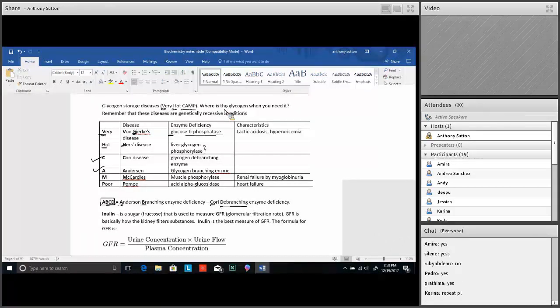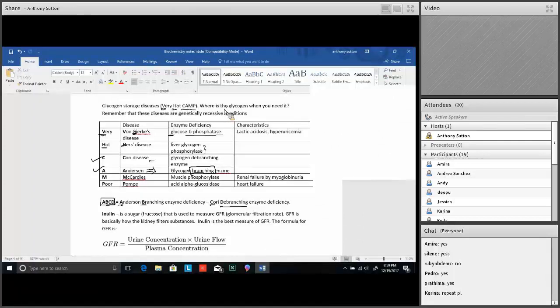Watch this. So, you remember when we said that every glycogen storage disease is due to an enzyme deficiency, right? So watch this. The Anderson glycogen storage disease, the problem with Anderson is that they have a problem with what we call the glycogen branching enzyme. That's the name of it. It's called glycogen branching enzyme.